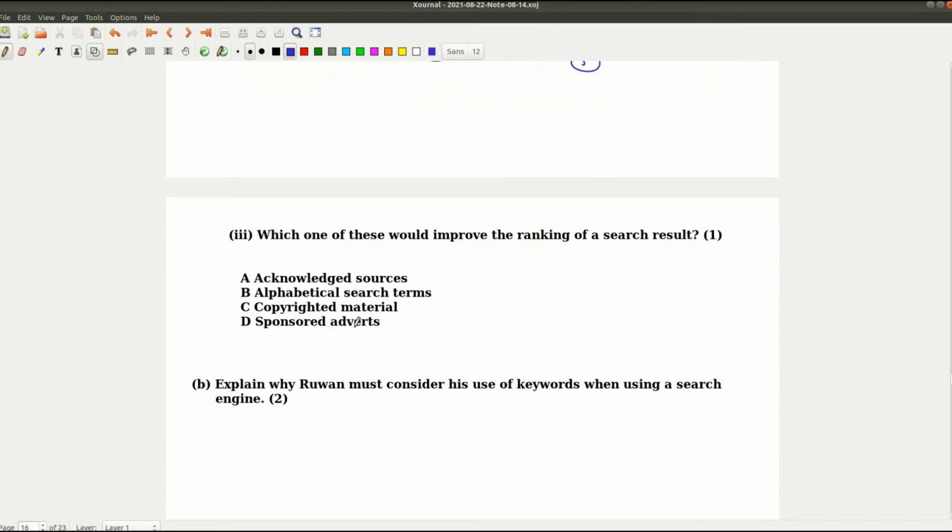So the next question is, which one of these would improve the ranking of a search result? Okay. So ranking of a search result. Ranking means what? Suppose you write an article and you post it on Google. Okay.